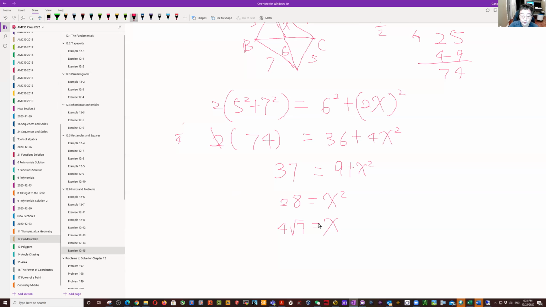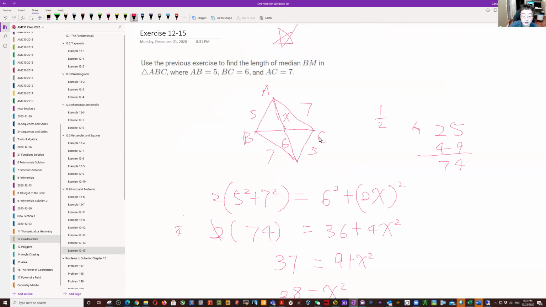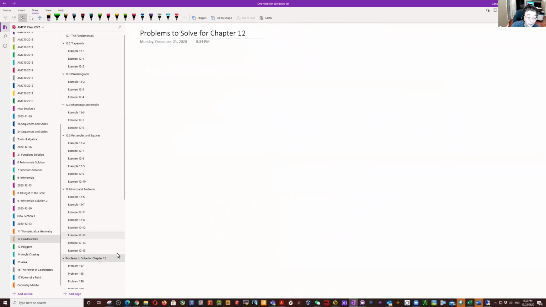So we are able to find a certain line. Knowing this Pythagorean theorem almost in the parallelogram gives us the capability to find the length of the median of a triangle given the length of the 3 sides. So that's a fun thing to know.